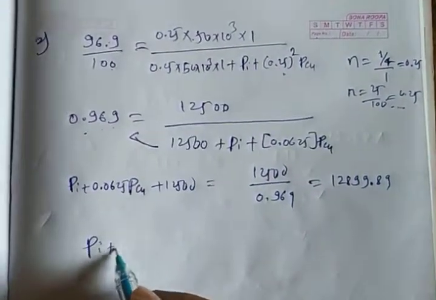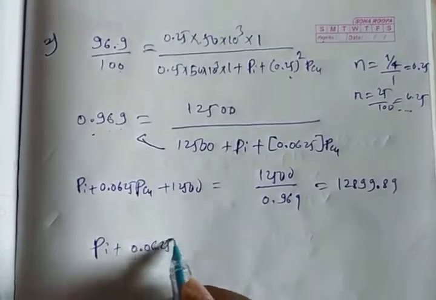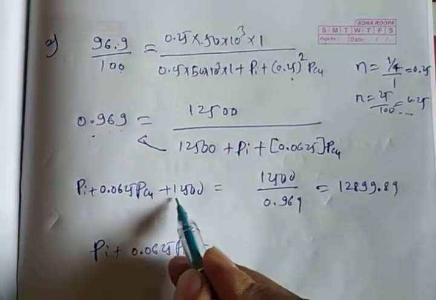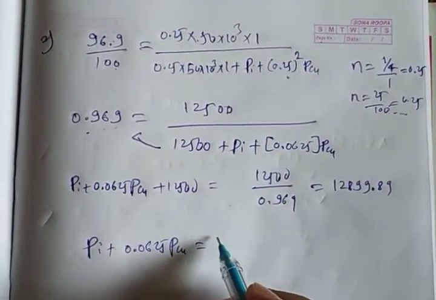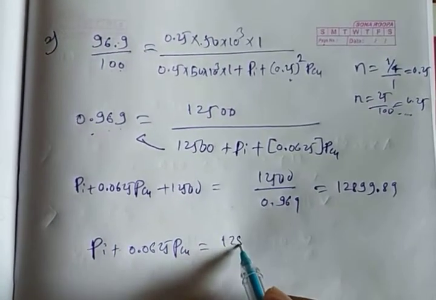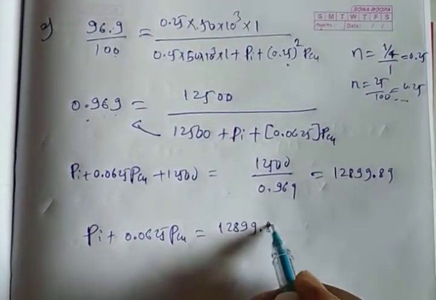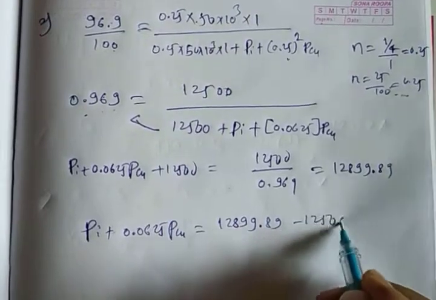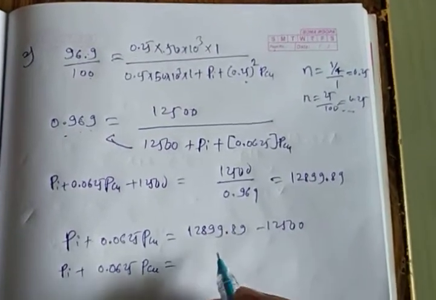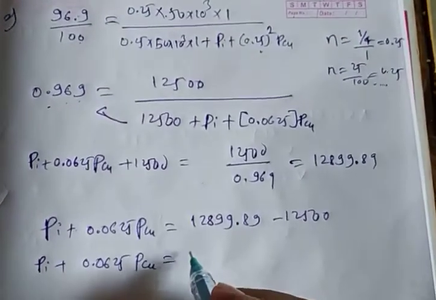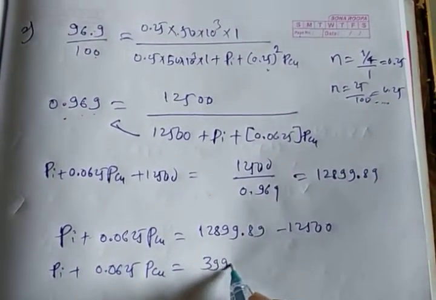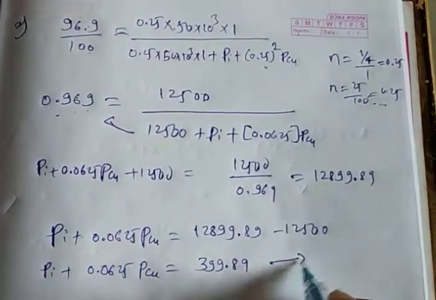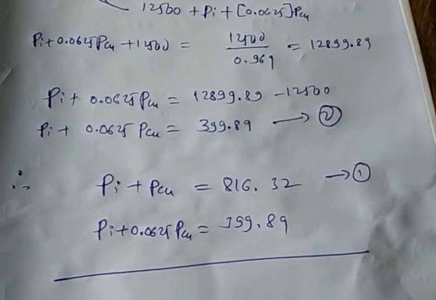So Pi plus 0.0625 PCU is equal to, this is plus, so bring it to the RHS side, you will get negative, 12,899.89 minus 12,500. You will get 399.89. This is your equation number 2.